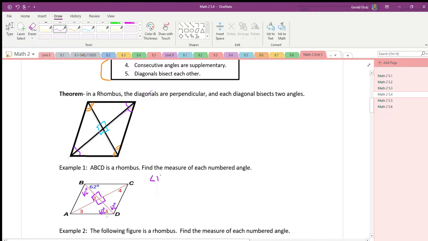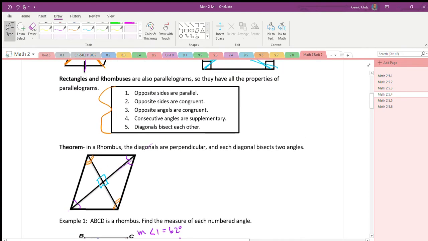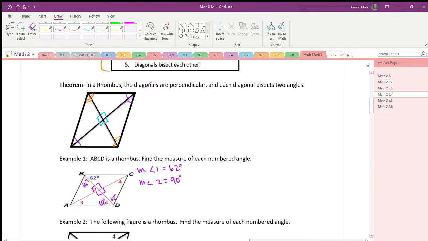So I know that angle 1 is equal to 62 degrees. The measure of angle 2 is equal to 90 degrees since these two are perpendicular. Now we have to figure out angle 3 and angle 4. One of the properties of parallelograms is that consecutive angles are supplementary.